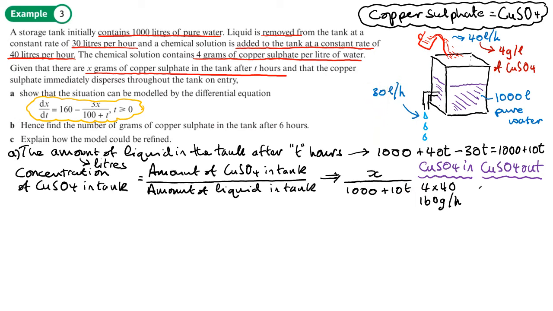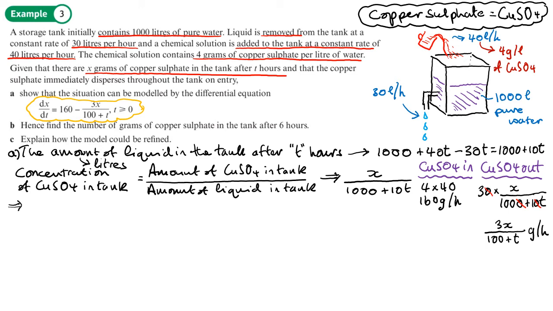So we're going to have 30 times x over 1000 plus 10t. So cancelling down, that will give 3x over 100 plus t grams per hour.